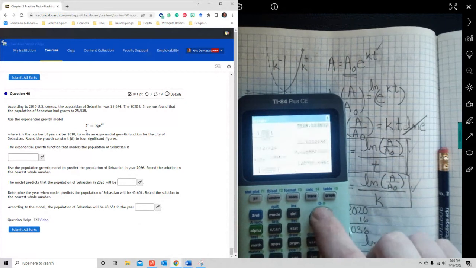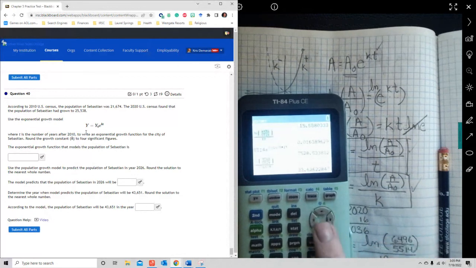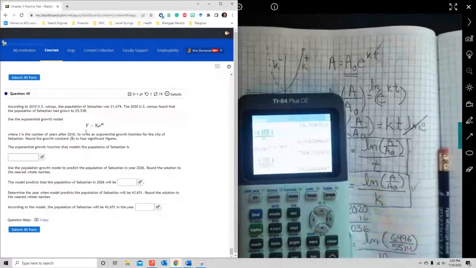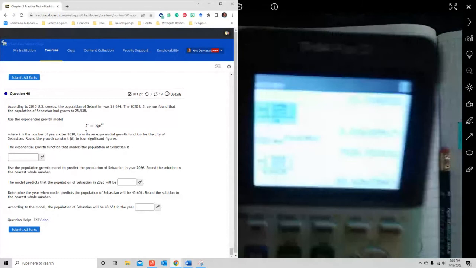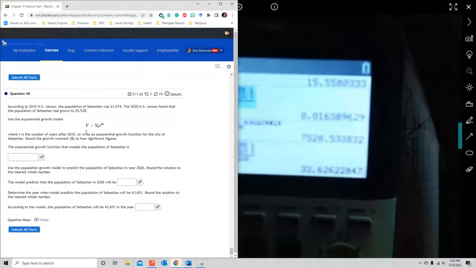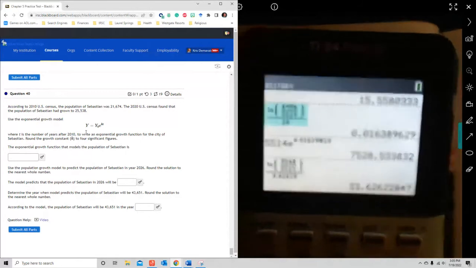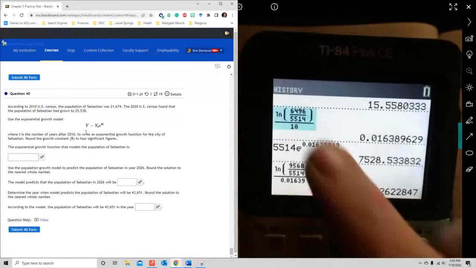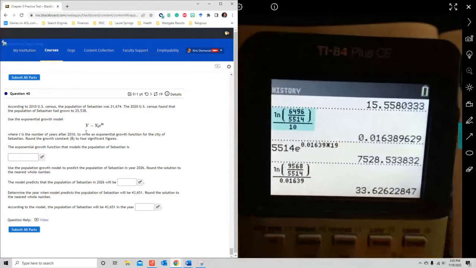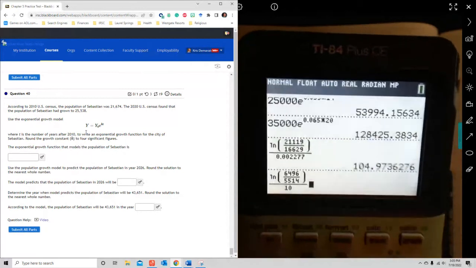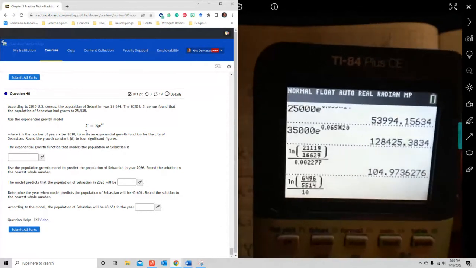I punch it in, and we have this problem that I did for you, and it's reflective of what we're doing here. That's the problem we're working on still. I'm going to hit enter. It's still 10 years.